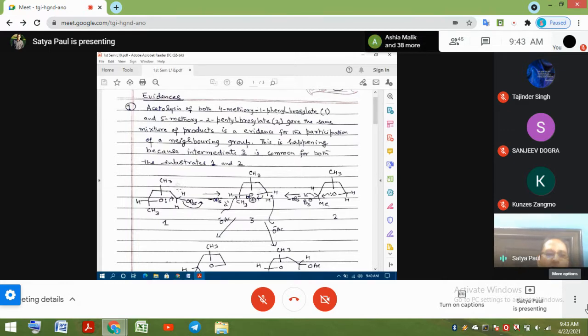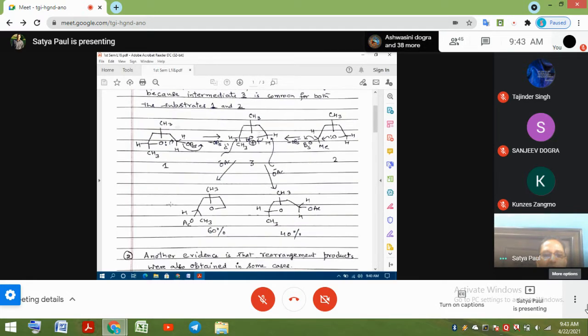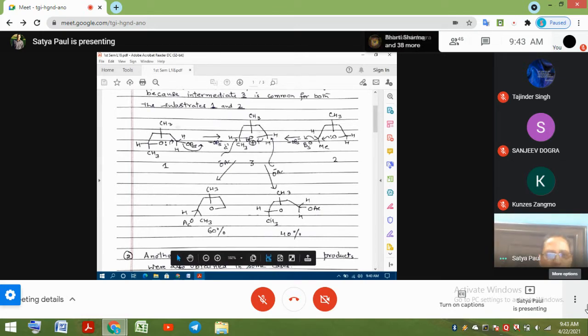So both are different, but when we carry out the reaction, we will get a mixture of product. So this means that we are getting the same intermediate. If in any reaction we have different reactants, but you are getting the same product or product mixture, that is possible only when both of the reactants give you the same intermediate.